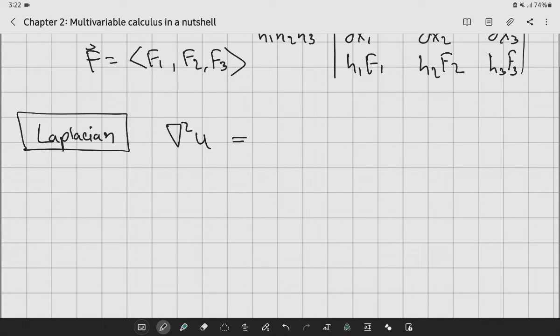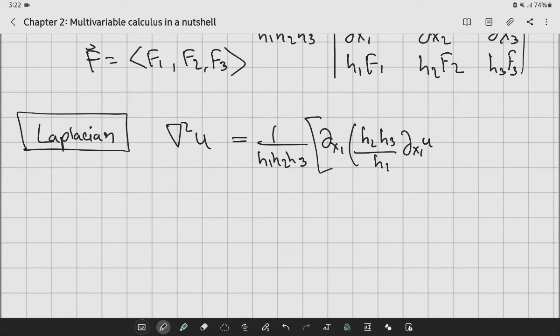Okay, so the Laplacian is again 1 over h1, h2, h3, partial x1 of, again there's a combination here, h2, h3 over h1, partial x1 of u, plus, again you see that in the denominator you have h1, in the numerator you have the other two.